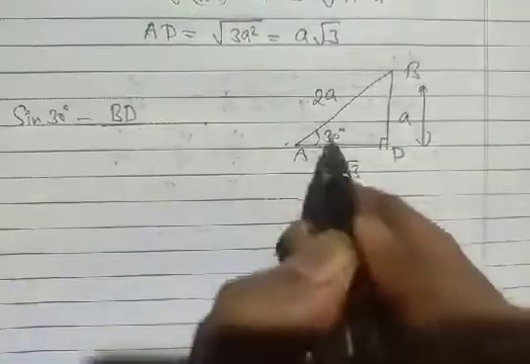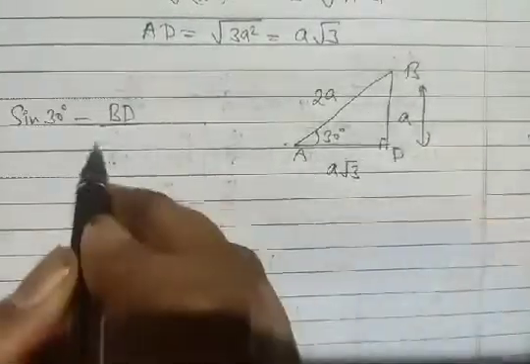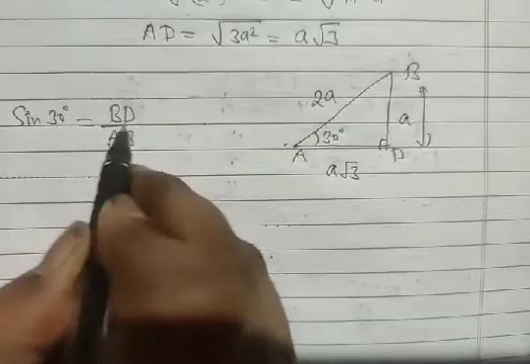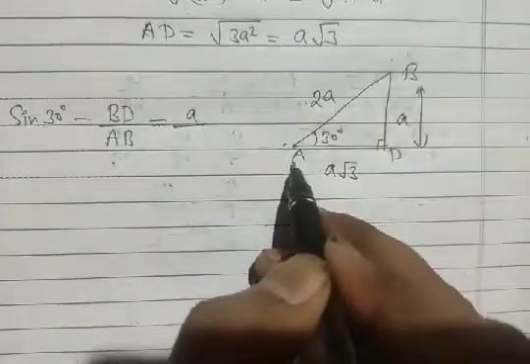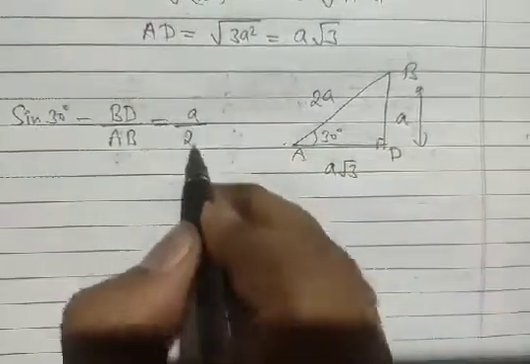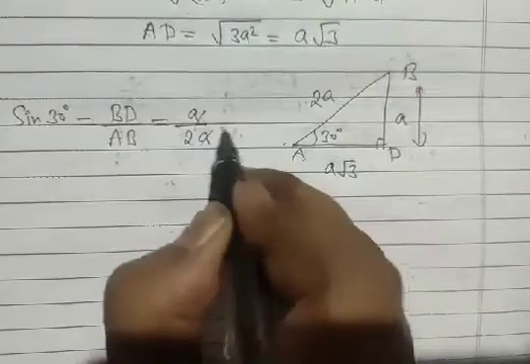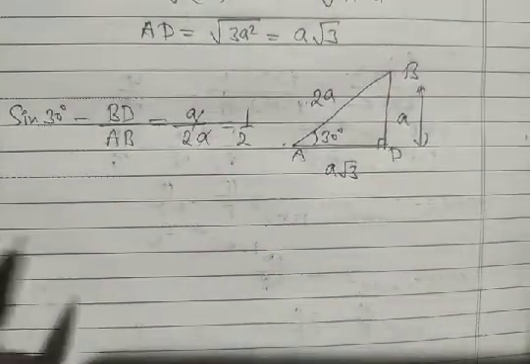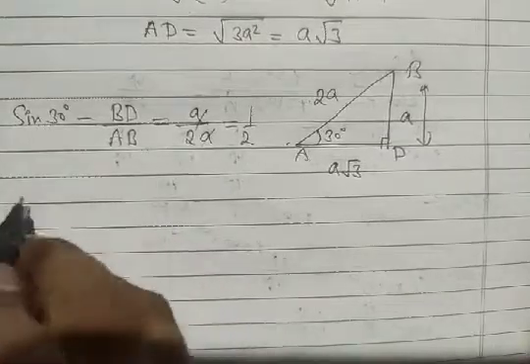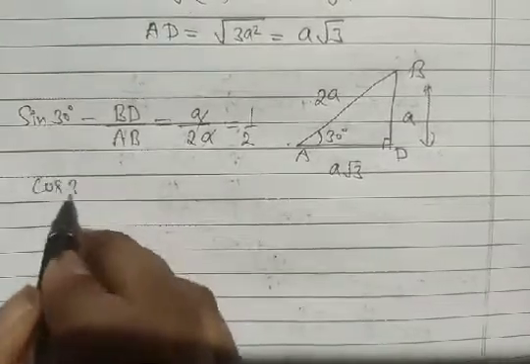BD is the perpendicular with respect to angle A, and AB is the hypotenuse. BD is A, and AB is 2A. Then we get the value of sine 30 as 1 by 2. Now we are going to find cos 30.